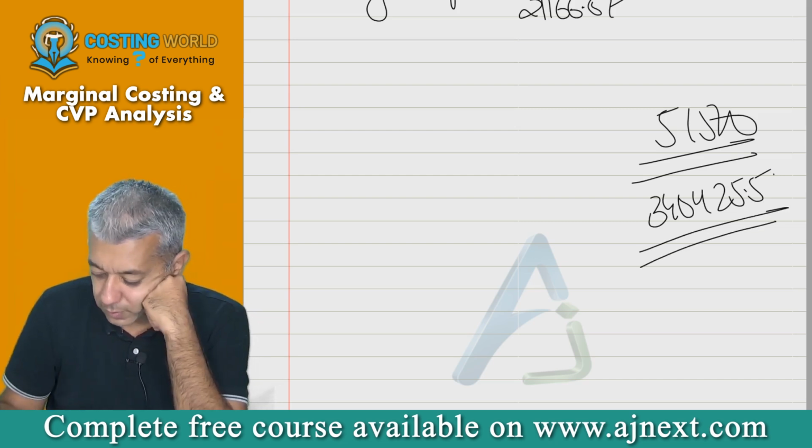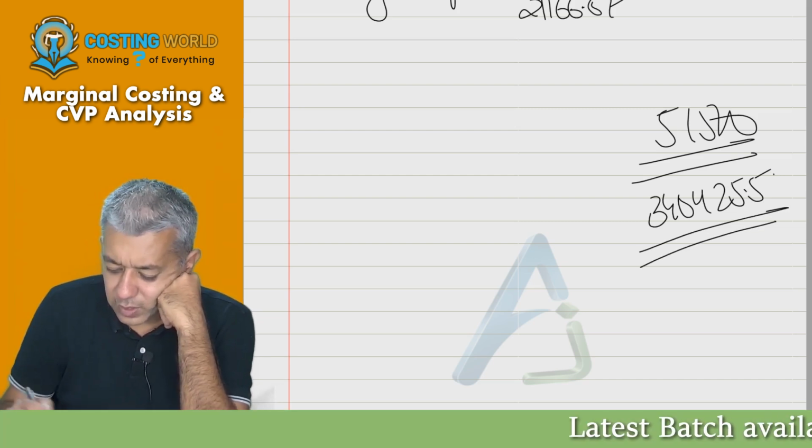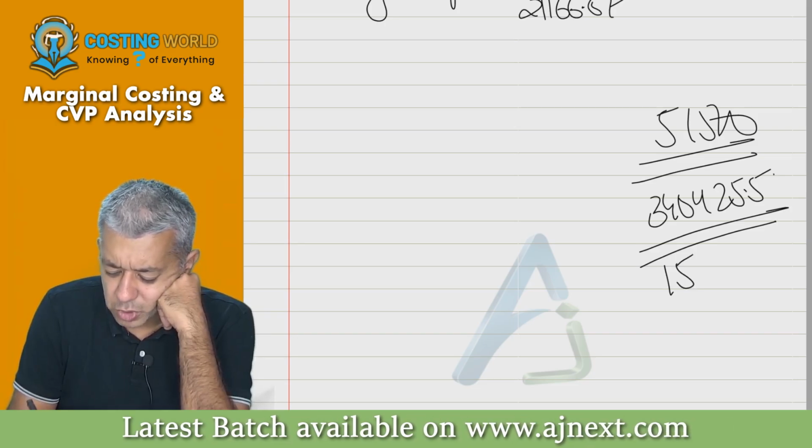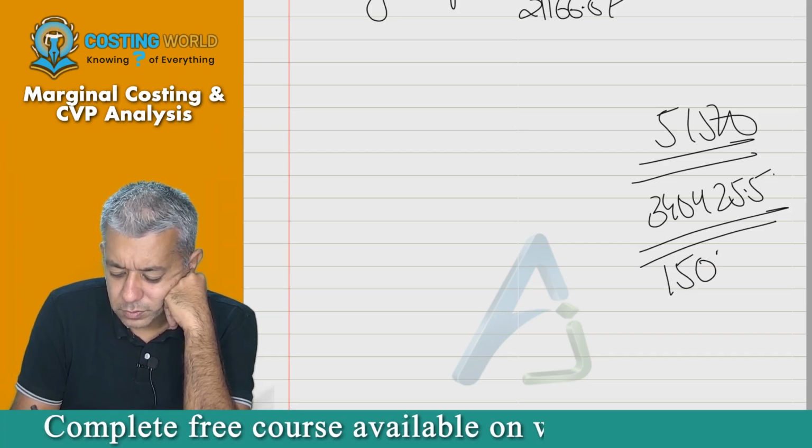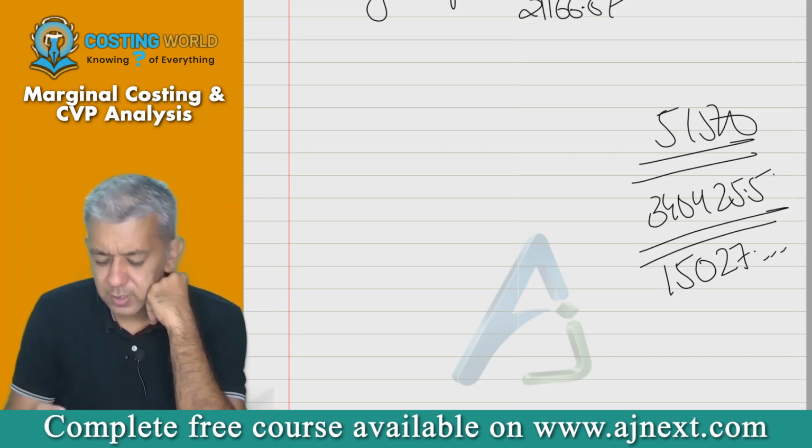Correct? Yes, sir. Okay, and 15,000, how much beta? That I am not sure. 15,000? Point something, correct? No? That's okay.